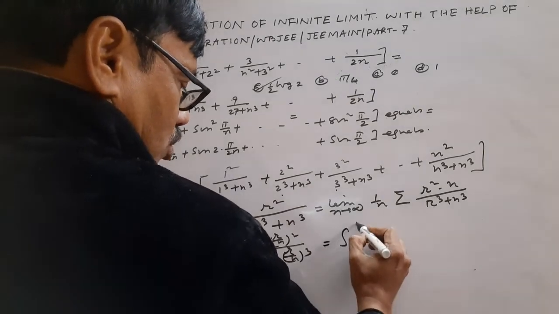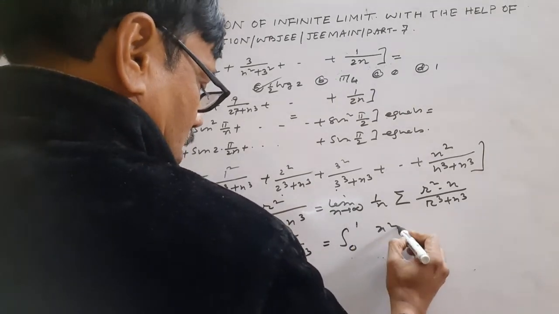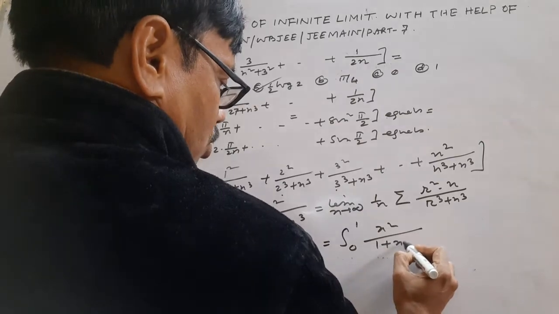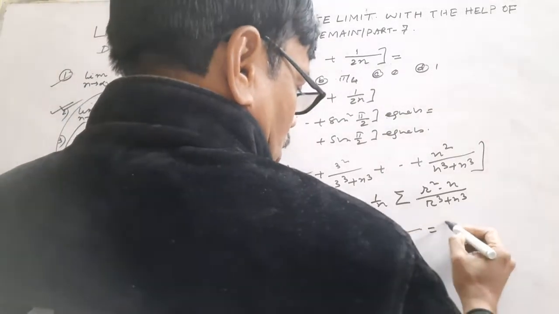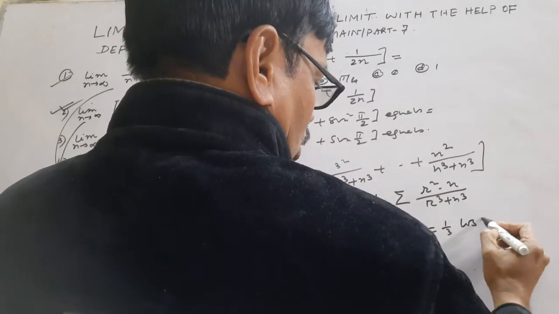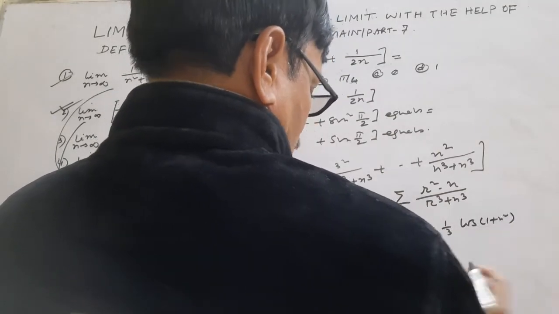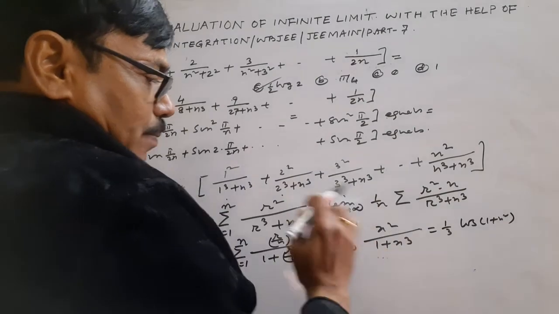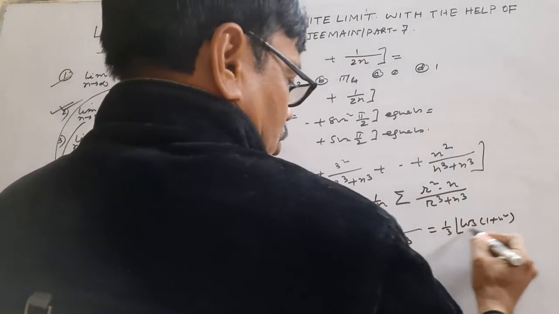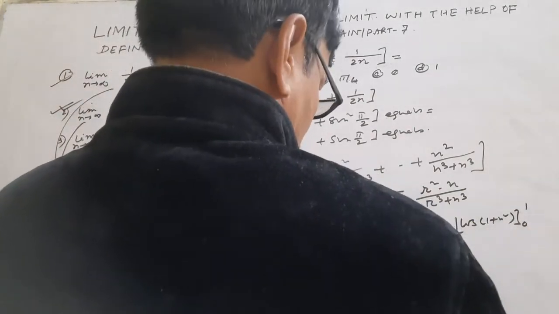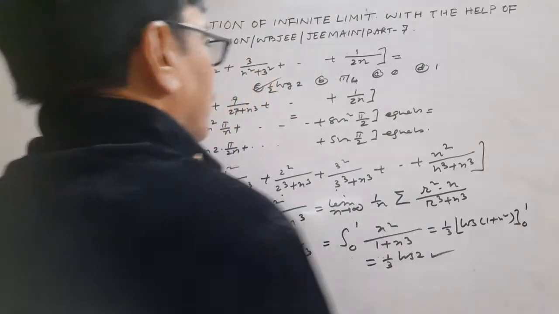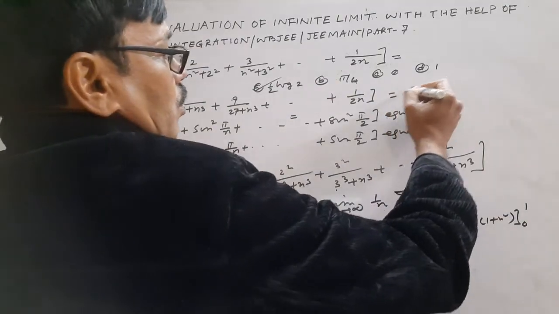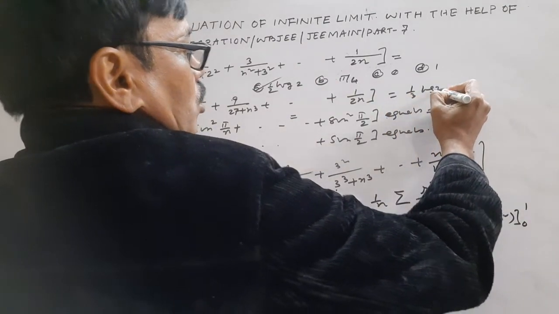So this is the integral from 0 to 1 of x square by 1 plus x cube. So this is 1 by 3 log of 1 plus x cube, from 0 to 1. So the answer is 1 by 3 log 2.